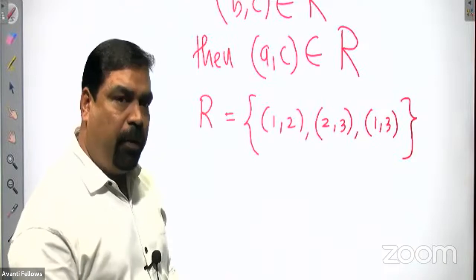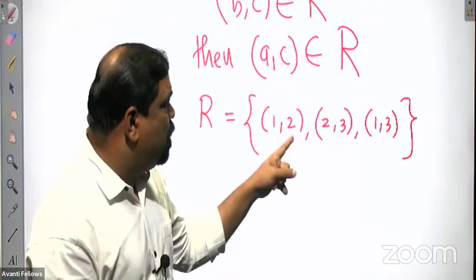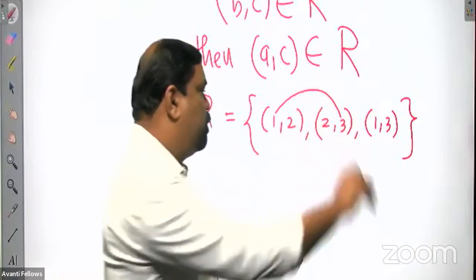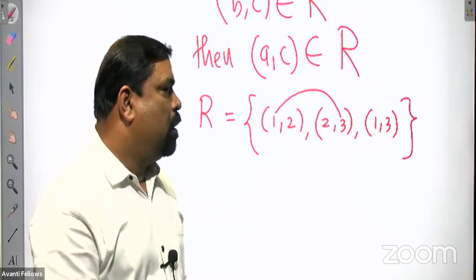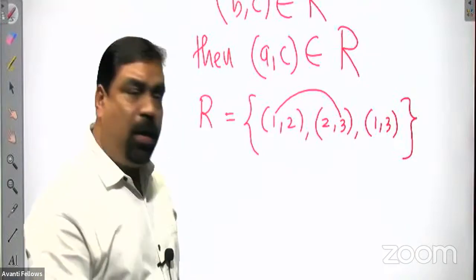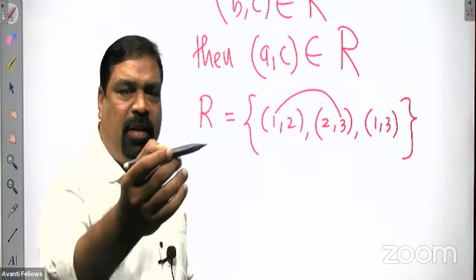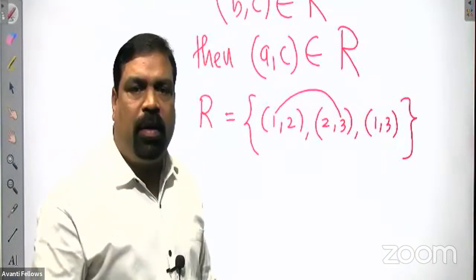What about transitive? (1, 2) is there, (2, 3) is there, and you can see (1, 3) is there. That means it is transitive.